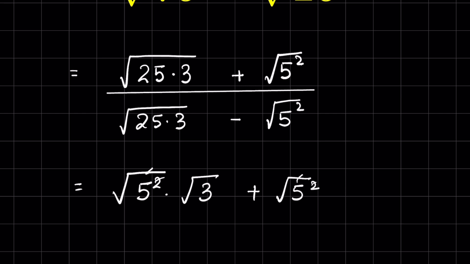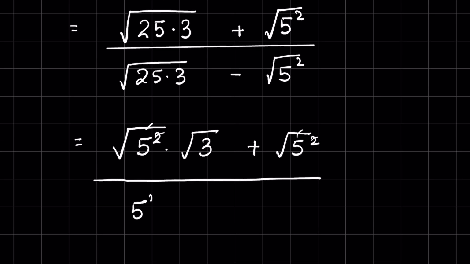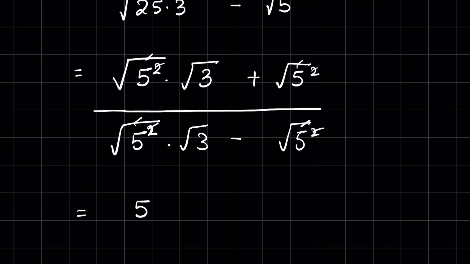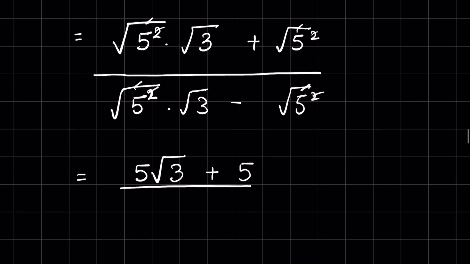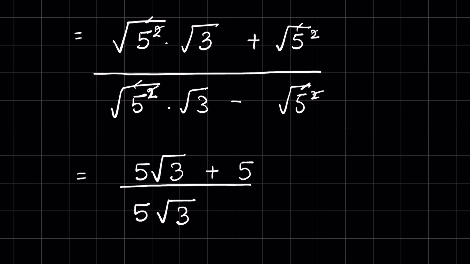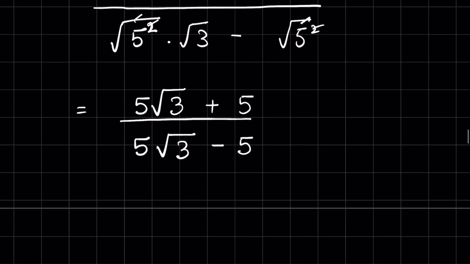Now remove the square root with the square. Now we have 5 times √3 plus 5 upon 5 times √3 minus 5.